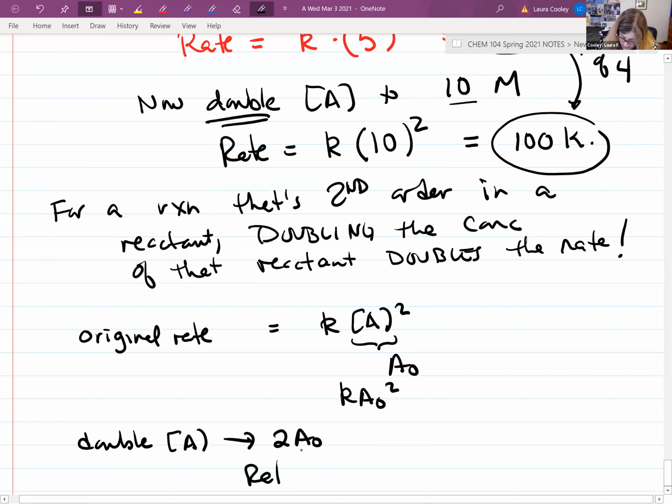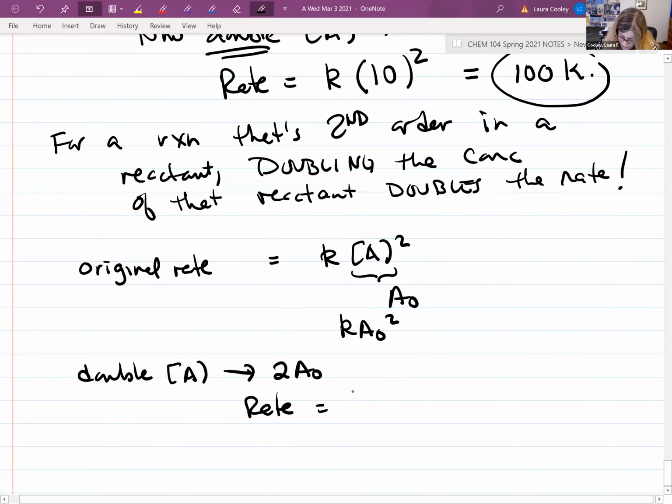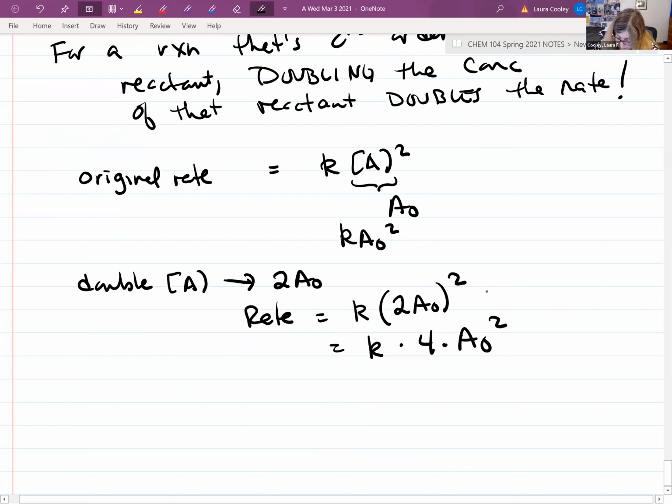The rate now becomes K times 2A0 squared. Well, now I got a 2 in here. This is K times 4 times A0 squared. It's because of that square that this becomes a quadrupling, because when you rearrange this, you see it's 4 times what you had initially. This is the original rate, and this is what it becomes.